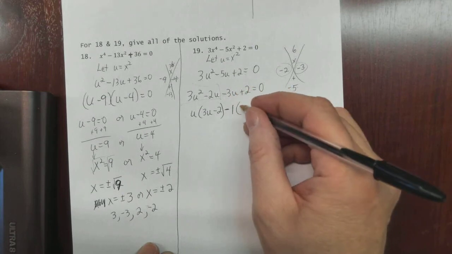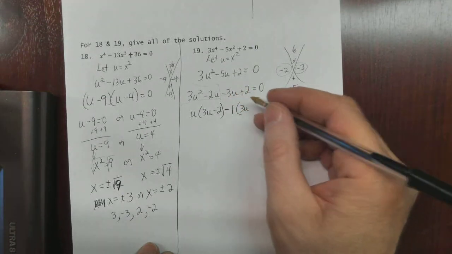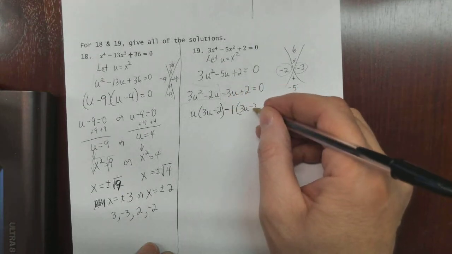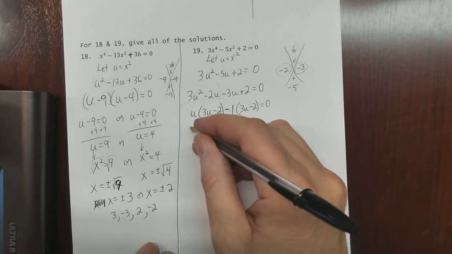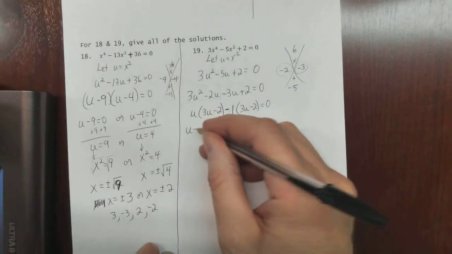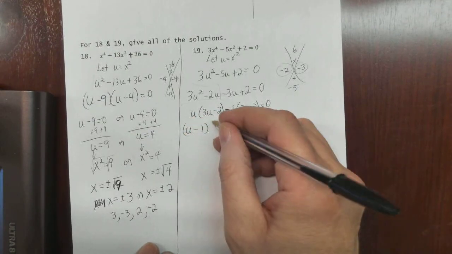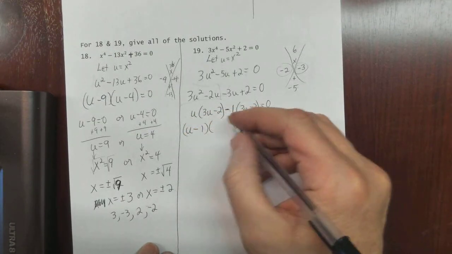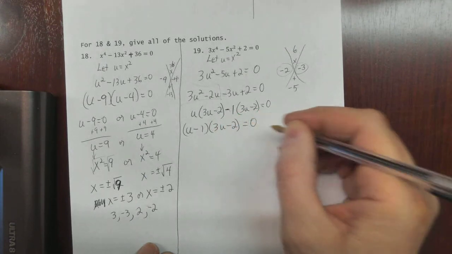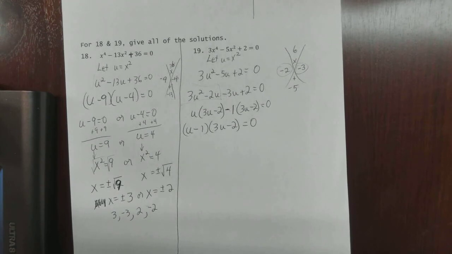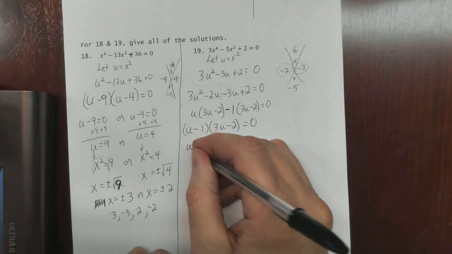Negative 1 times 3u makes negative 3u. Negative 1 times negative 2 makes the positive 2. That's 0 still. And the factoring part: u minus 1, take those outside parts, times 3u minus 2 equals 0. Now the solving.